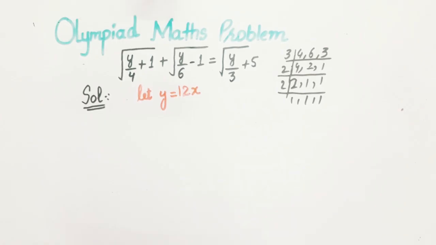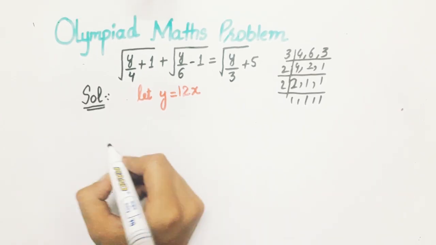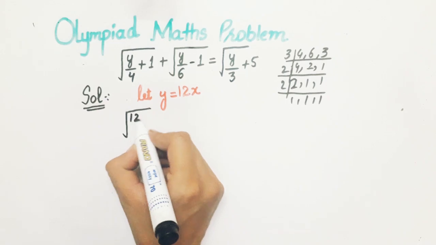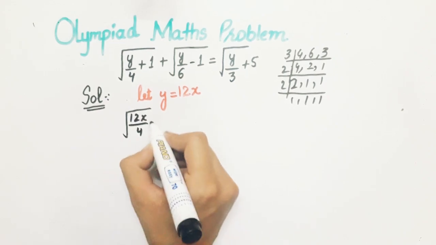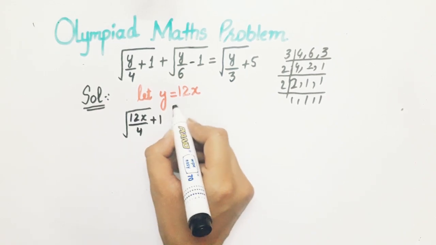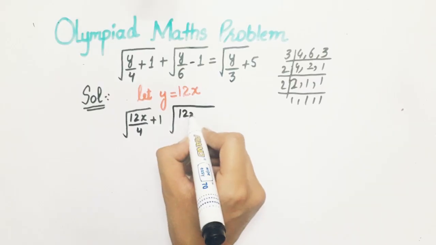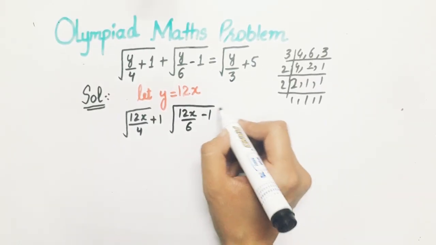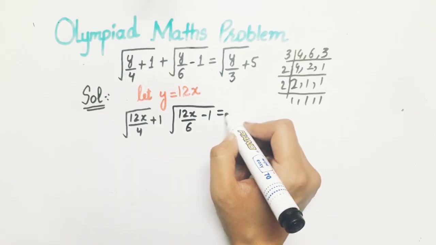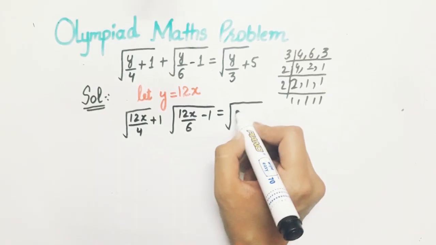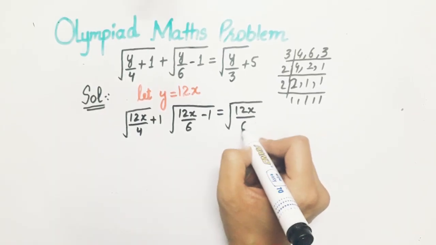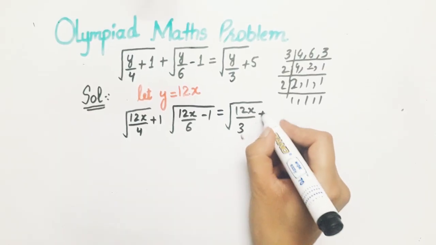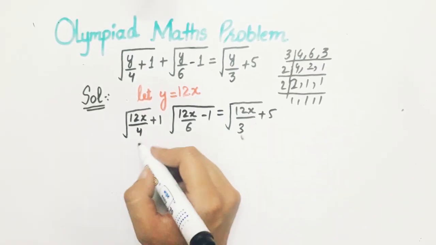So we will solve this question as: y will become 12x by 4 plus 1, and this will become 12x by 6 minus 1, and this equals 12x by 3 plus 5. So we will solve this.